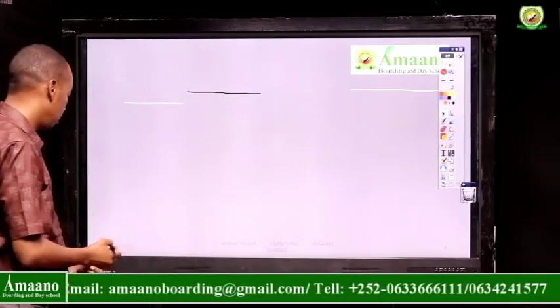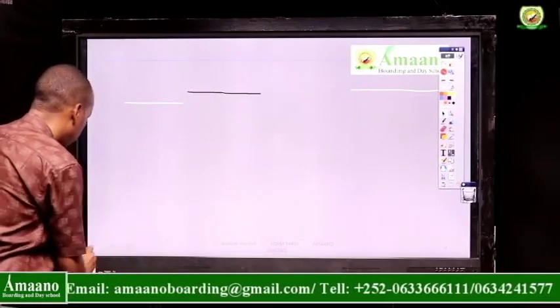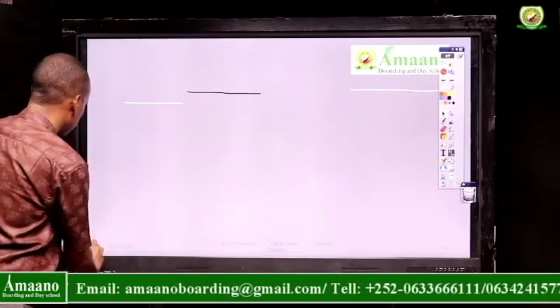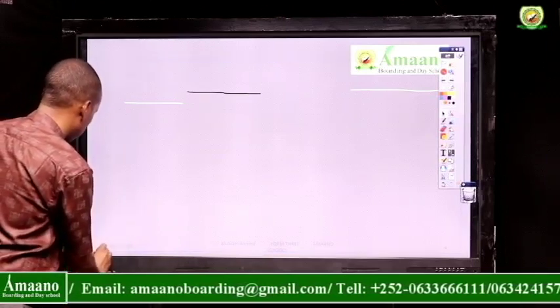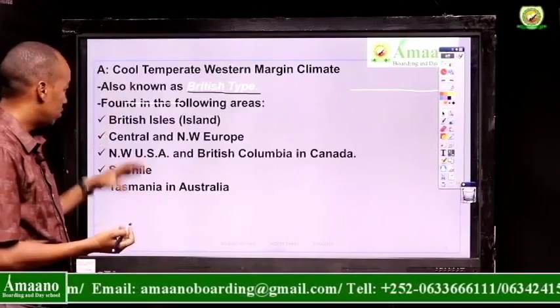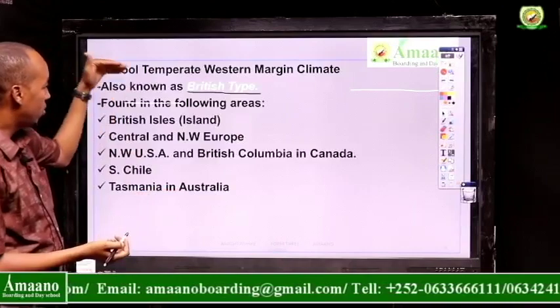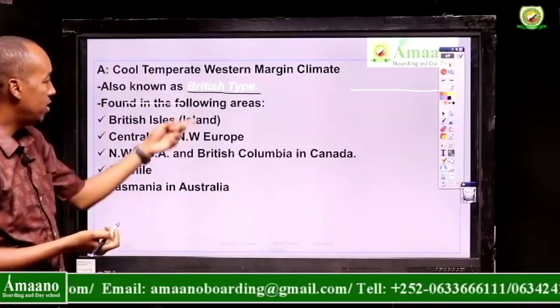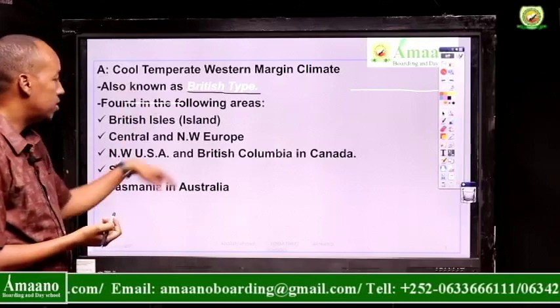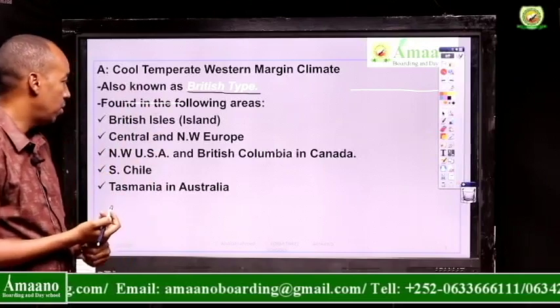These were generally the main areas that were found. So as you can see from here, cool temperate western margin climate has another name called British type, and these are generally the different regions in the world that are found.